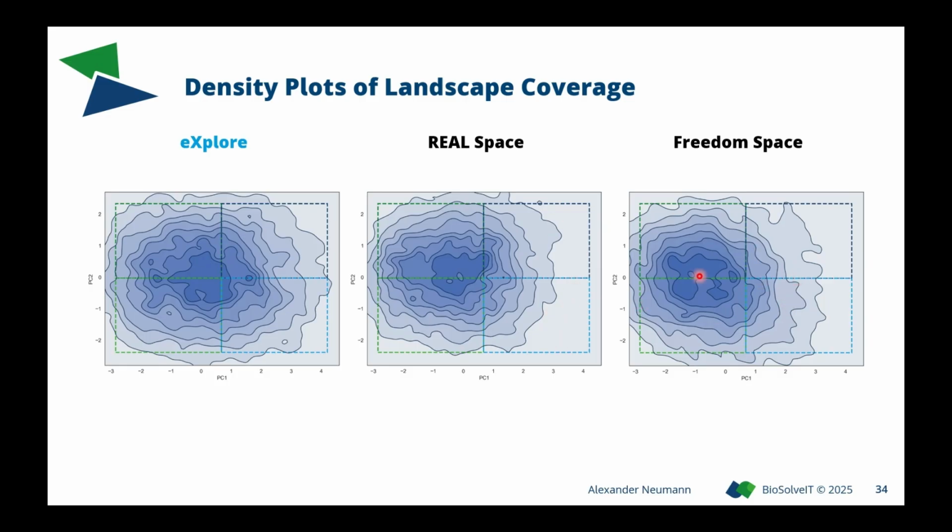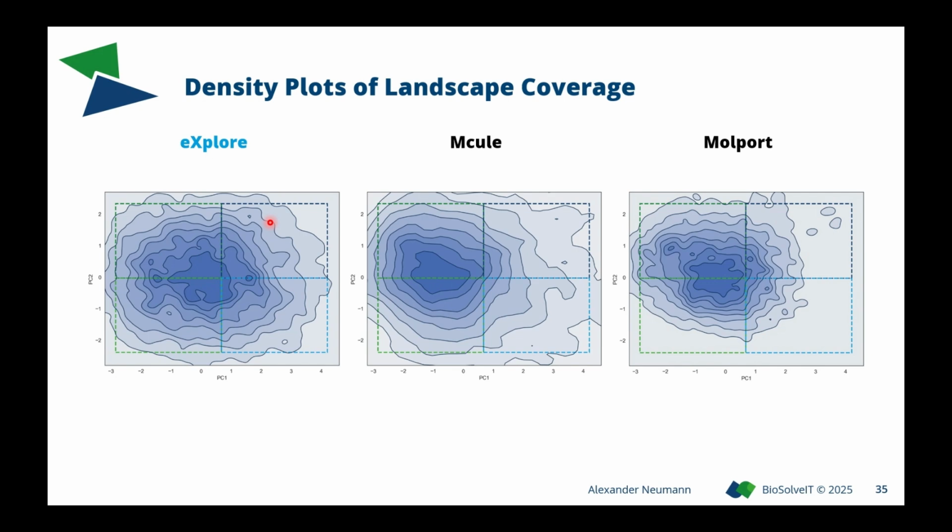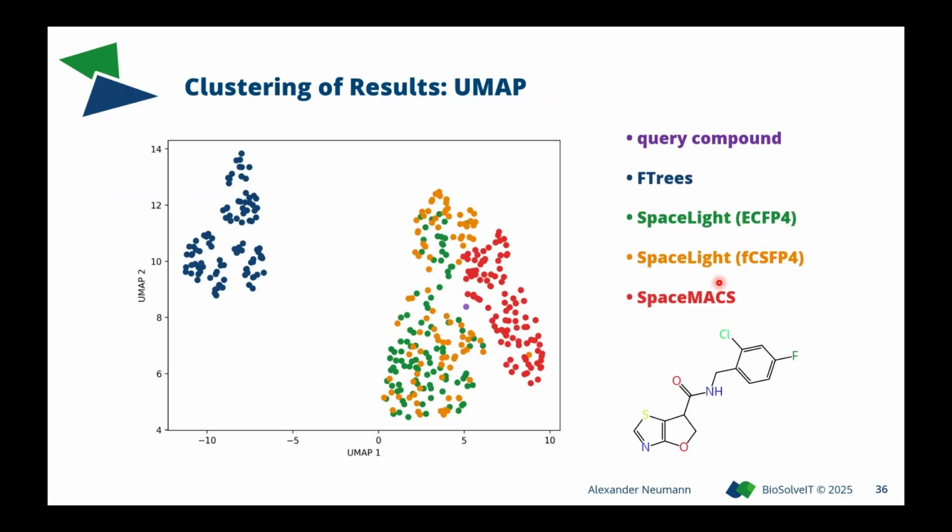Freedom Space shows similar behavior, though the takeaway is that Explore does a better job in covering all 4 quadrants. If you compare it to the chemical libraries, surprisingly, MQL is also able to cover those areas, whereas Molport, for example, is quite focused on the rule of 5 compliant compounds.